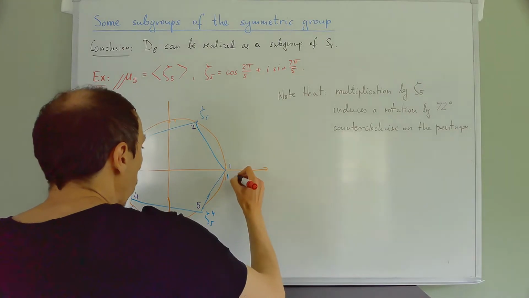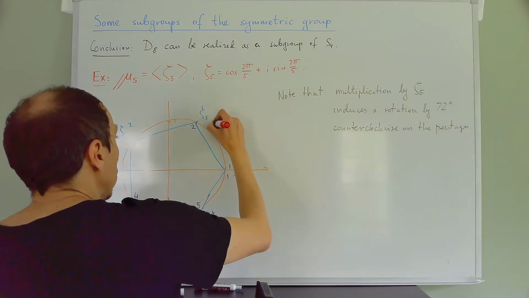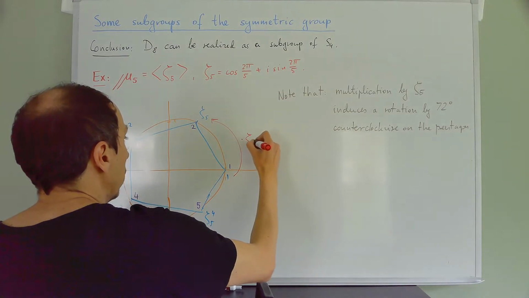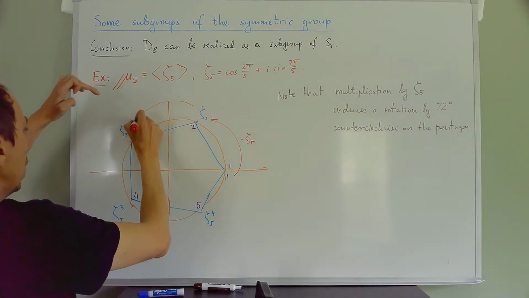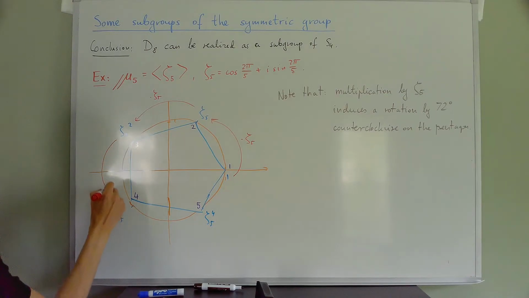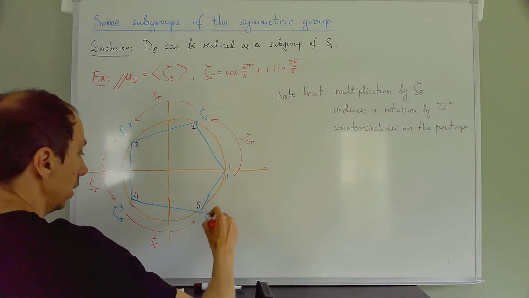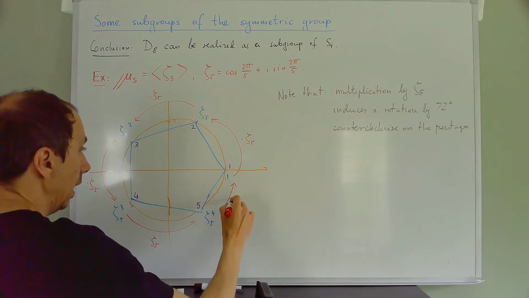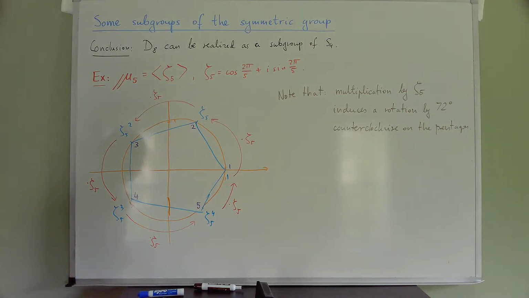So if I do 1 times zeta 5, then what do I get? I get zeta 5. Zeta 5 times zeta 5 is zeta 5 squared. Zeta 5 squared times zeta 5 is zeta 5 cubed, times zeta 5 is zeta 5 to the 4th, and again times zeta 5 gets me back to 1.